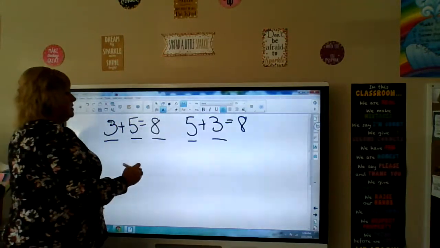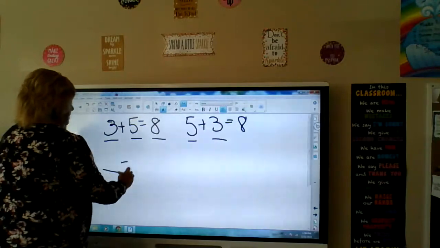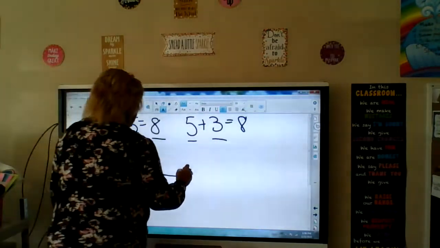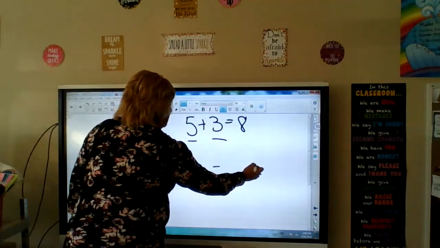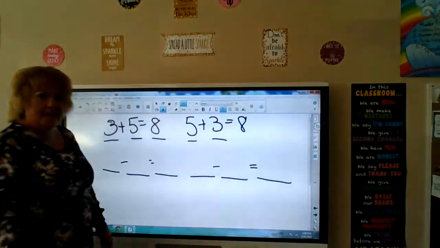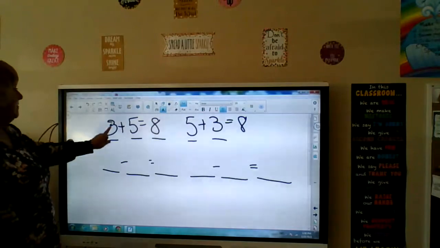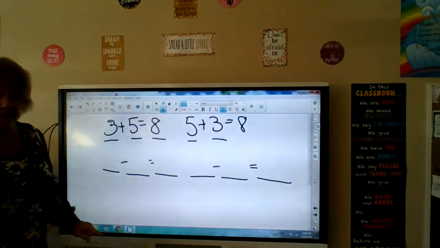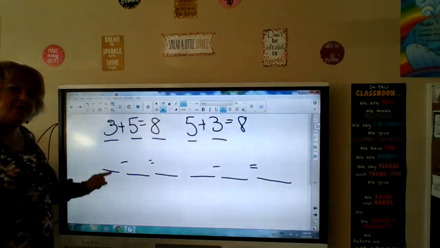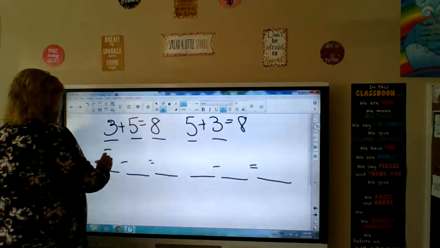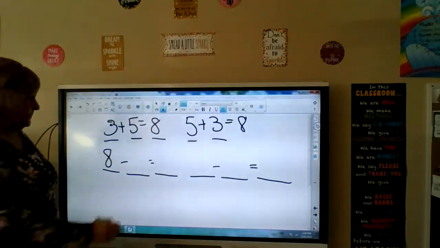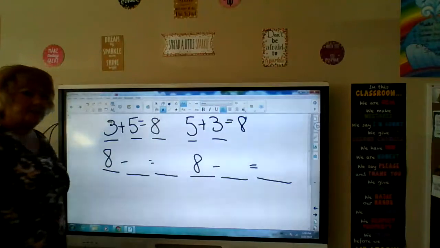Then we need subtraction to make a fact family, right? So what are these two subtraction problems going to be if I use a 3, a 5, and an 8? Well, when we do a subtraction, we know we have to start with the biggest number, right?